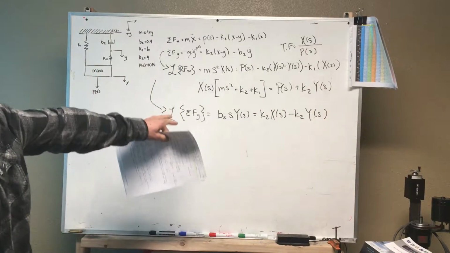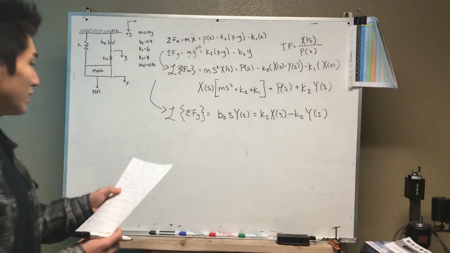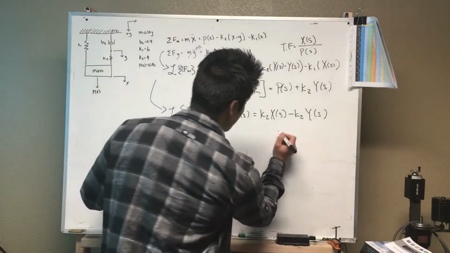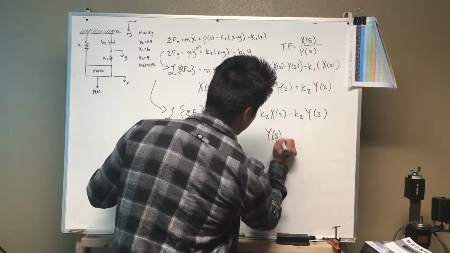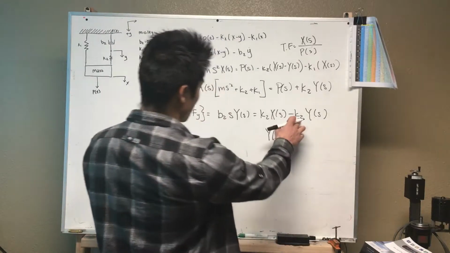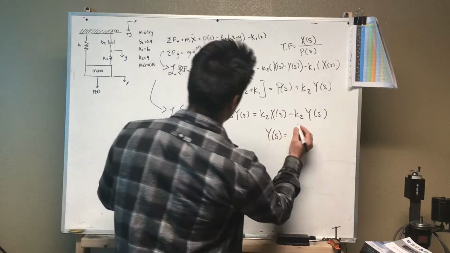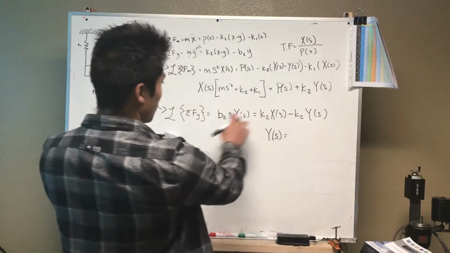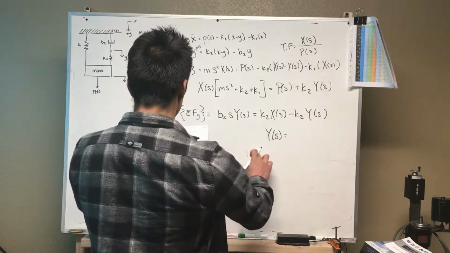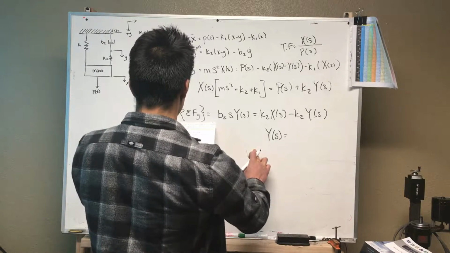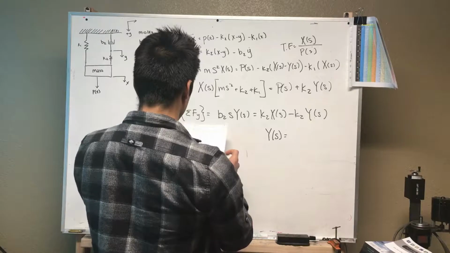So now we've got these two equations, and we can say, just by looking at this, that Y(s) is going to be, let's see, did I even do that right?